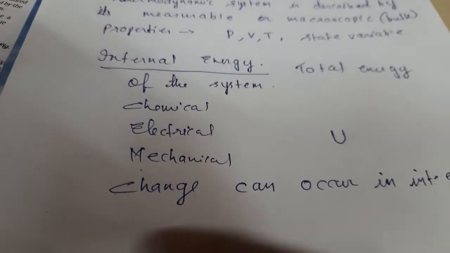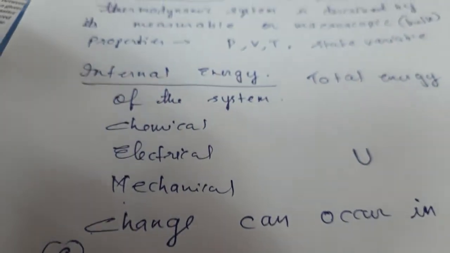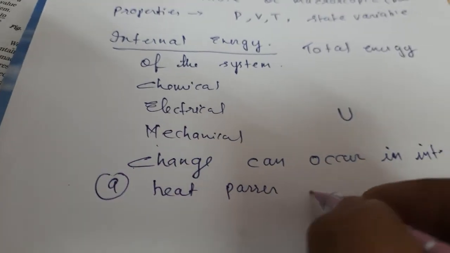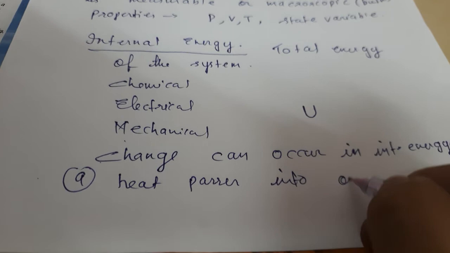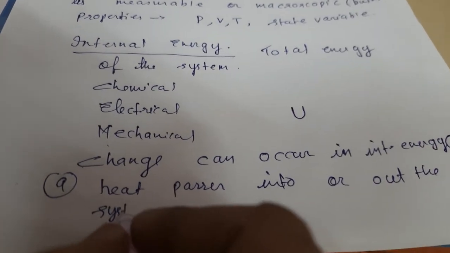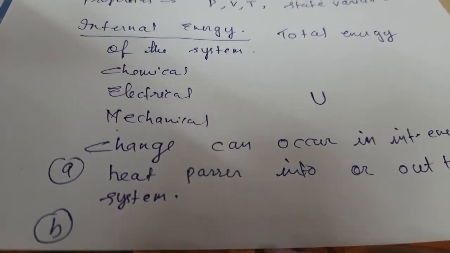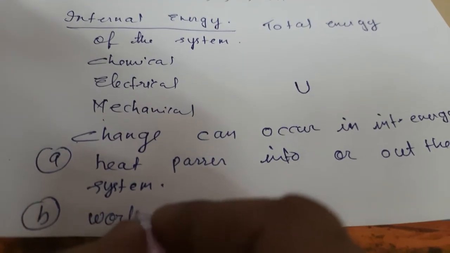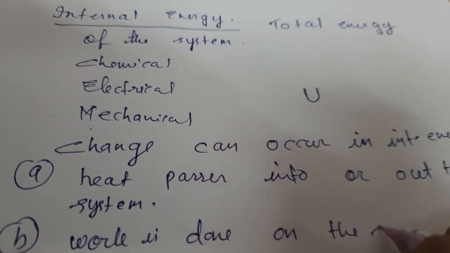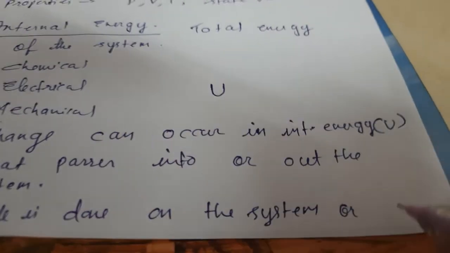कब होगा? फर्स्ट कंडीशन व्हेन हीट पासेज इनटू और आउट द सिस्टम. या तो हीट पासेज इनटू और आउट द सिस्टम. B, work is done on the system or by the system.